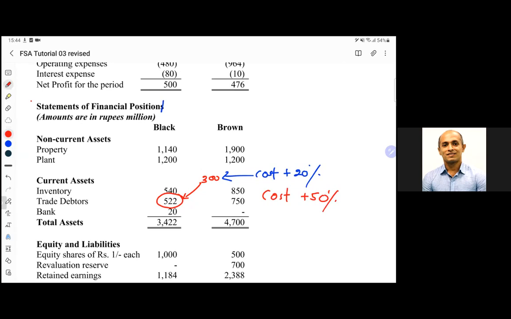By how much? If the cost is 100, then 120, and you have to bring that to 150.